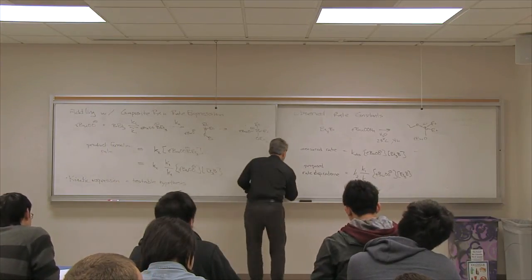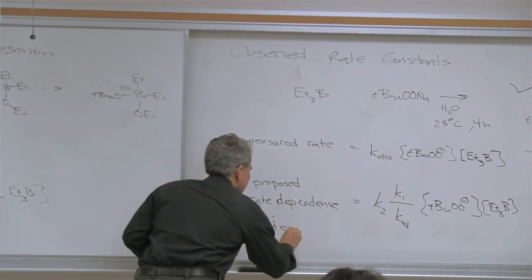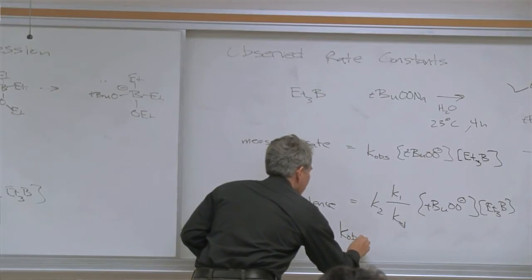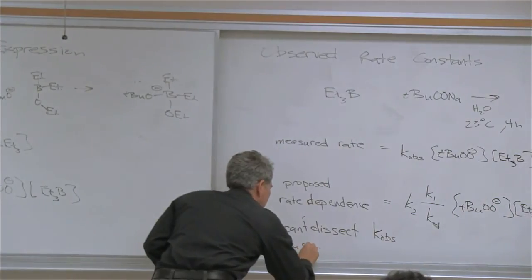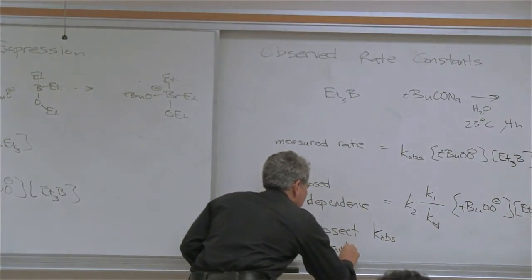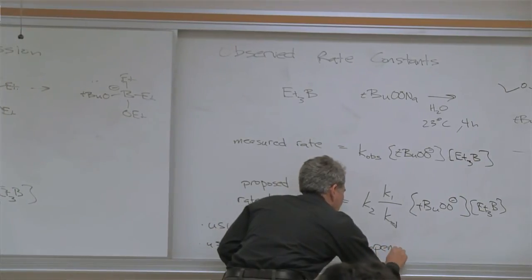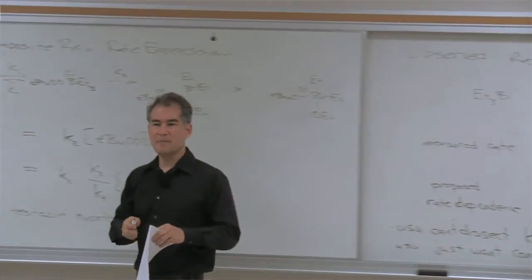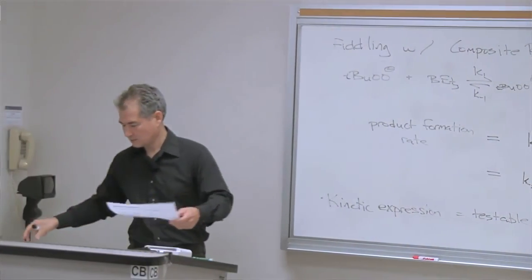Okay, so again, usually you can't dissect K observed. Don't worry about it. Usually you're just looking to see if your concentration dependence matches that from your kinetic mechanism equation, for your rate equation.